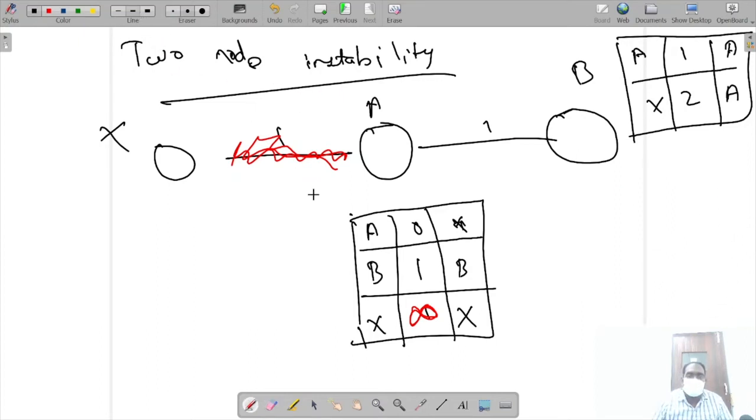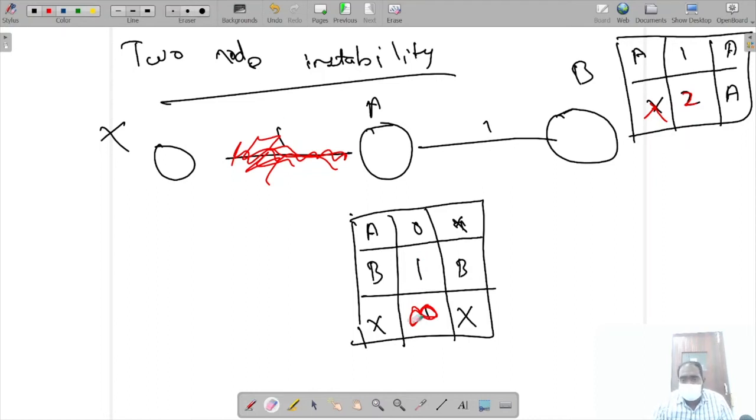Okay, so now the connection got destroyed and A is updating its table to infinity. It says that I cannot reach X at all. Now what can I do? At the same time, B is advertising its table to everyone, right? And B is saying I can reach X at a distance of 2. Now suddenly A sees that and thinks, okay, if I send the packet to B, then he will somehow reach X at a distance of 2.